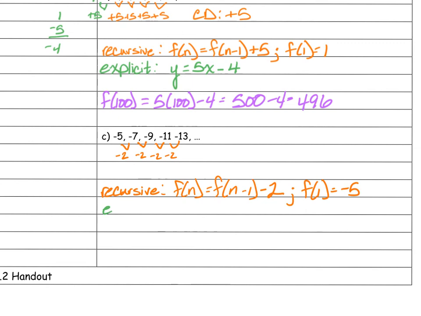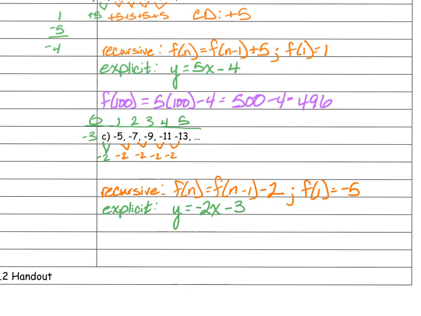And my explicit is going to be y equals negative 2x. And then let's come up here. So I've got first, second, third, fourth, fifth, 0th term. So what number do I add negative 2 to get negative 5? Negative 3, good. So negative 2x minus 3.